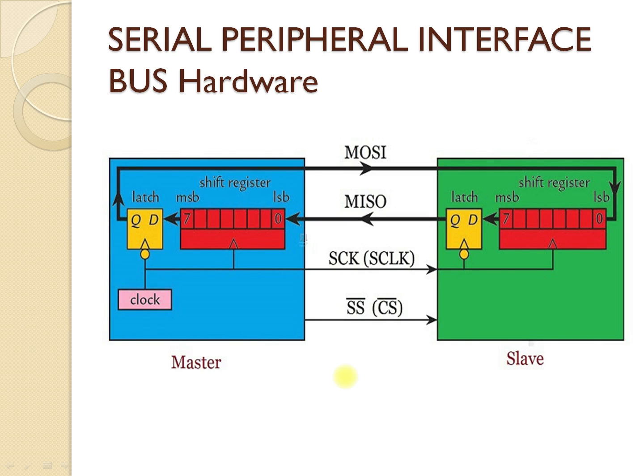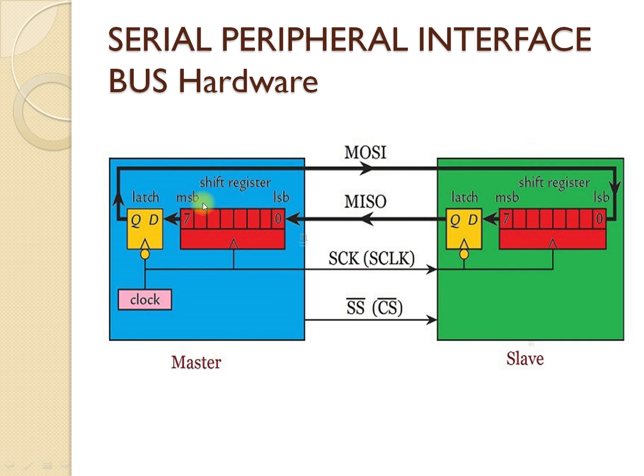This slide shows a common hardware for a serial peripheral interface bus. Here we have a master and a slave. Each device which uses the serial peripheral interface has its own latch and shift register system. This latch and shift register are supplied with the common clock. Whenever the master wants to send data to a slave, it uses MOSI, that is the master out slave in pin.